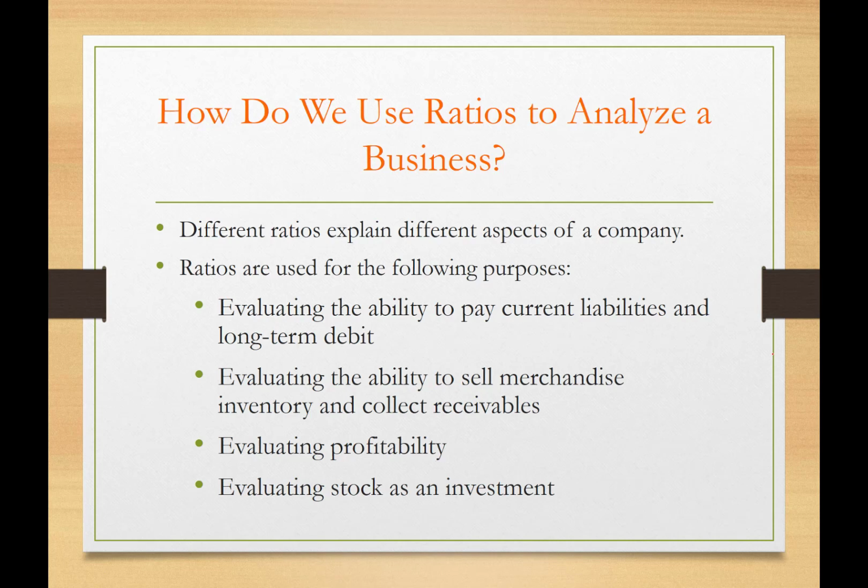We have to evaluate the ability to pay current liabilities and long-term debt, evaluate the ability to sell merchandise inventory and collect our receivables, evaluate our profitability, and evaluate our stock as an investment. These are all things that not only we will do internally, but potential investors will do when they're looking at potentially investing either in our company or a company that's publicly traded.